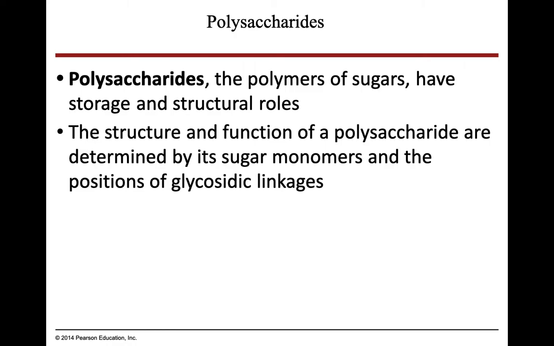Now, polysaccharides are the polymers of sugars. This is where we have hundreds, if not thousands, of individual monosaccharides bound together. And as this whole chapter alludes to, the structure and function of these molecules are integrally linked and important.